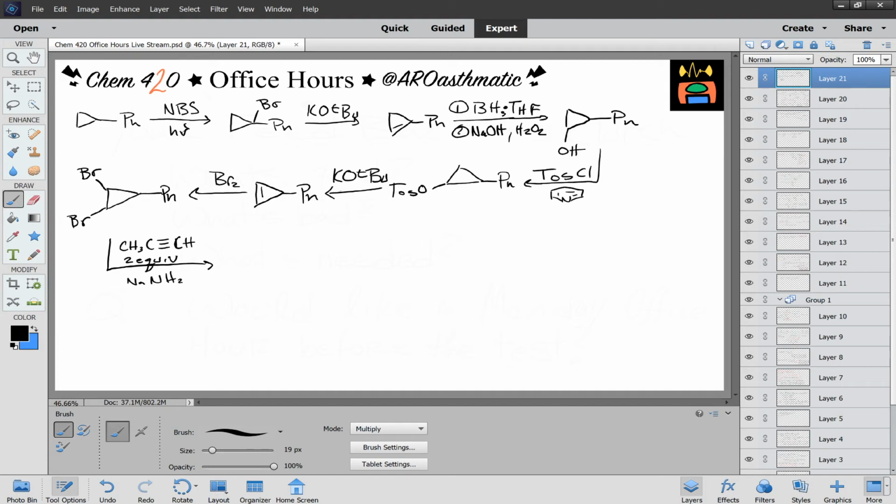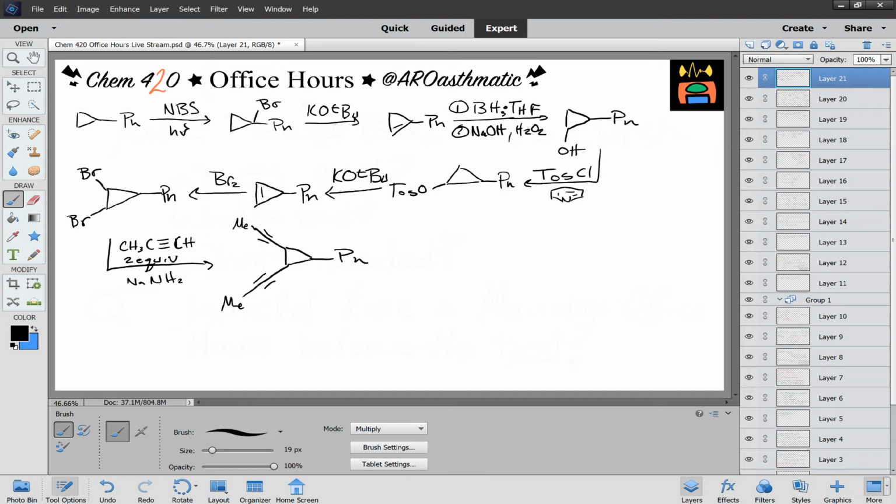And this will give us a product that looks like it has very, very long legs. Got methyls on the end.